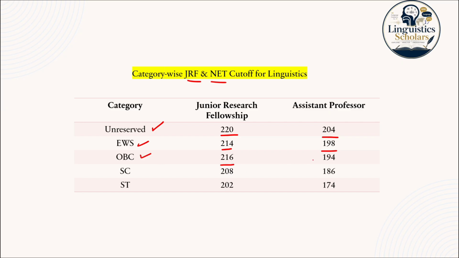For OBC it's going to be 216, and assistant professor 194. For SC it is going to be 208, and for assistant professor it is 186. For ST 202, and for assistant professor 174. So this is based on the questions.